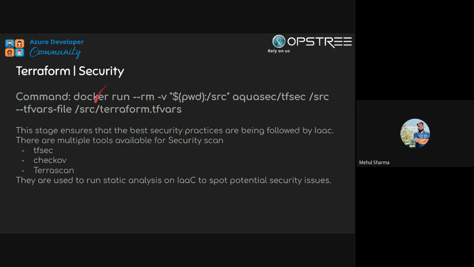Because I have to move these things inside this Docker image, that's why I'm mounting this volume. And to read it, I have to pass the tfvars. That is the syntax. So in reality, I would write tfsec space dot space hyphen tfvars, this one. So this step is not needed. Clear?